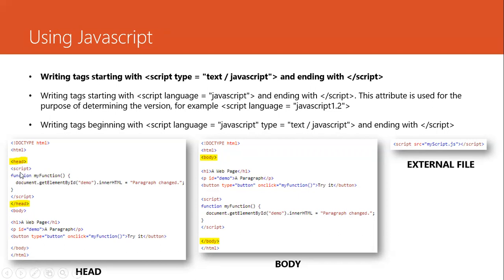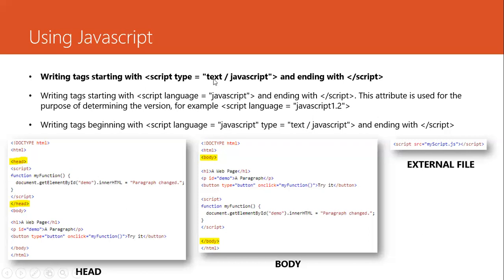For CSS, usually we use a text style, but for JavaScript, we always use a text script. So you can see here, there is an opening text script and there is a closing tag.